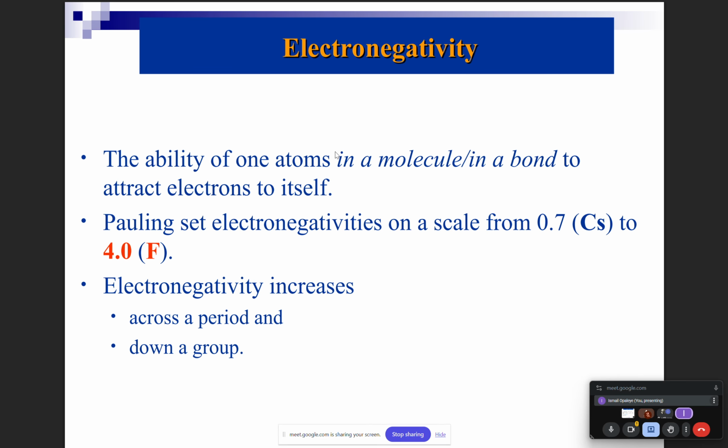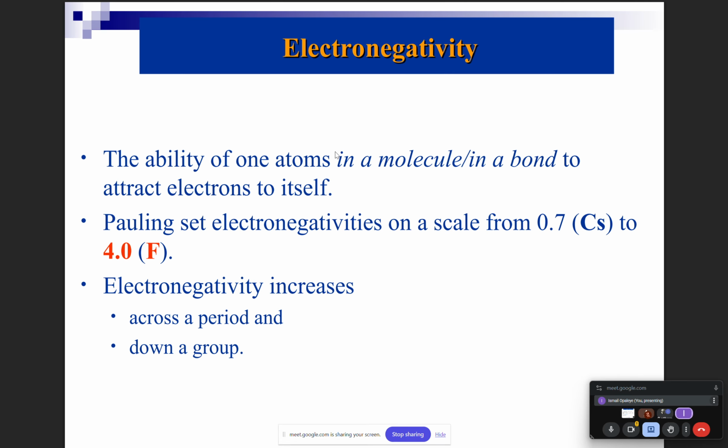So this means the least electronegative element on the periodic table is cesium, Cs, having a value of 0.7, and the most electronegative element on the periodic table is fluorine, having an electronegativity value of 4.0.